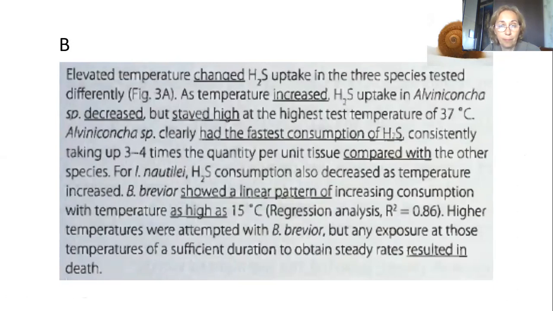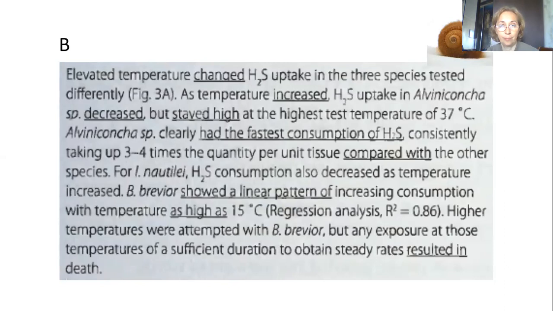As temperature increased, H2S uptake in Alvinoconcha SP decreased, but stays high at the highest test temperature of 37 degrees. Alvinoconcha SP clearly had the fastest consumption of H2S, consistently taking up 3-4 times the quantity per unit tissue compared with the other species.